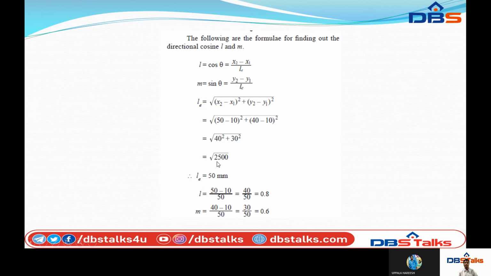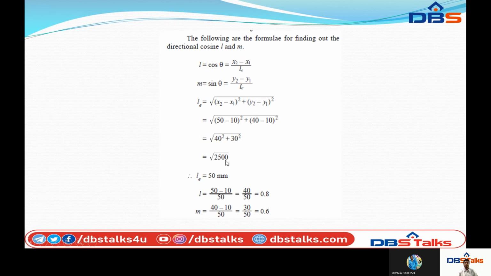1,600 plus 900, we get square root of 2500. We already know that 5 fives are 25. Then the length will be 50 millimeters. The length is found. After that, we already know that L equals x2 minus x1 by LE, the length of the particular element.